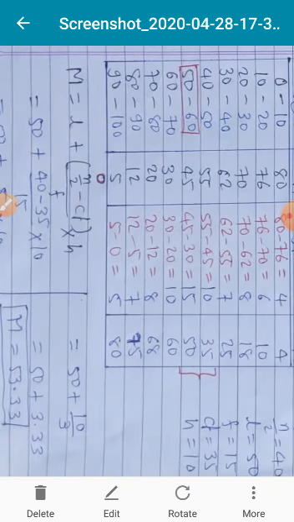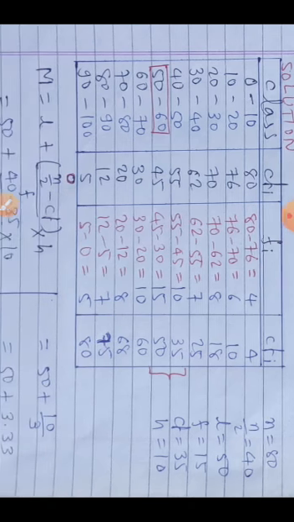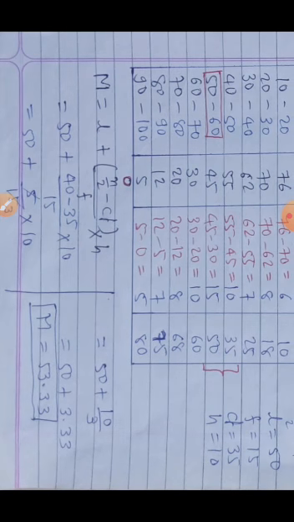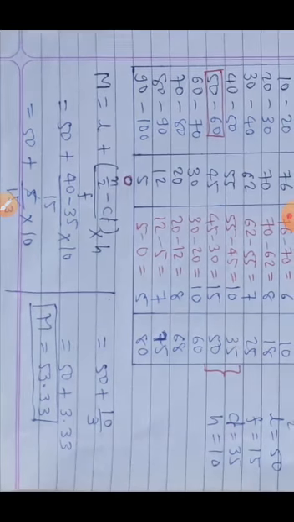So the list is already prepared. CF is taken as 35. Why? You know, the class size is 10. So everything is from the median class row, but only CF is from the previous row. Now the formula is written, all values are placed. 40 minus 35, 5 upon 15 there.